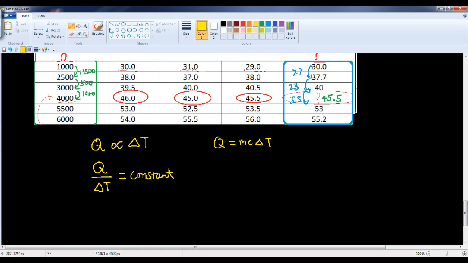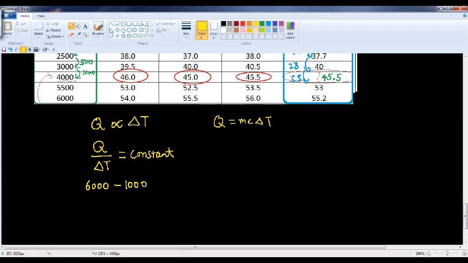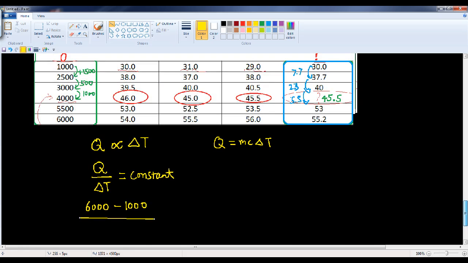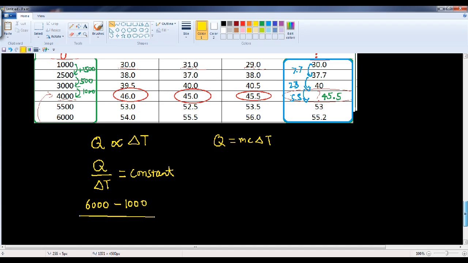We need to use the data from 1000 and 6000. From 1000 to 6000, how much heat has been given? It should be 6000 take away 1000. And what's the change in temperature during that period of heating up? During that time, the temperature changes from 30 degrees to 55.2 degrees, so delta T will be this one.